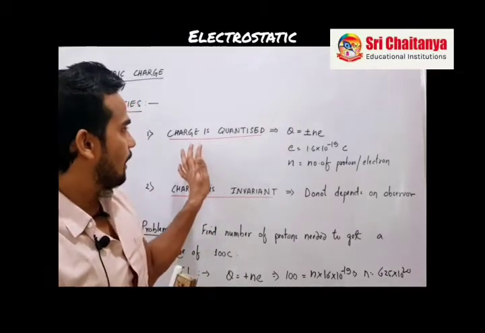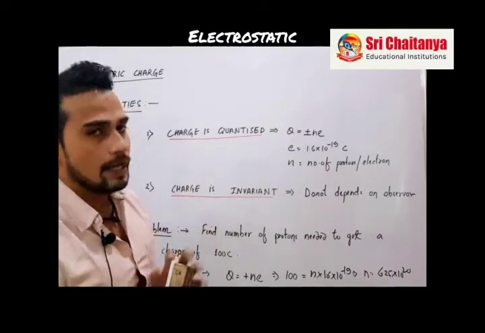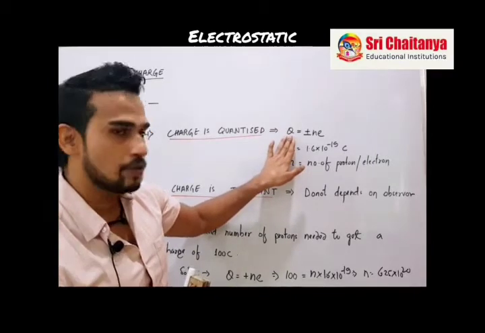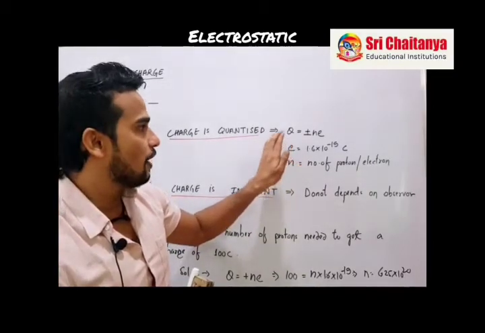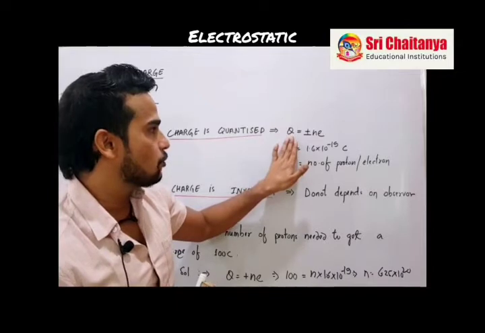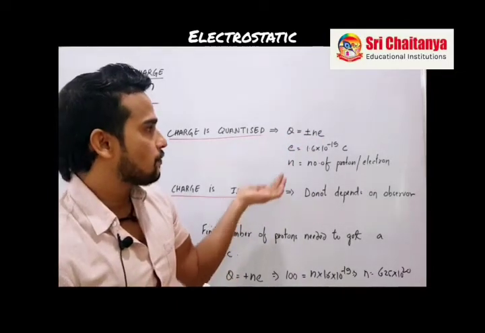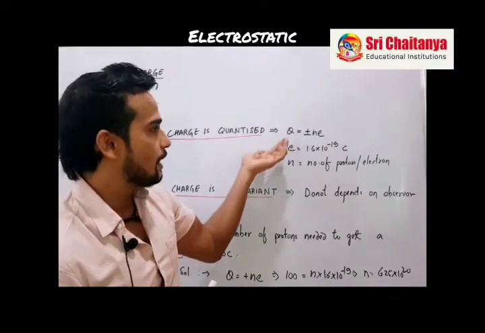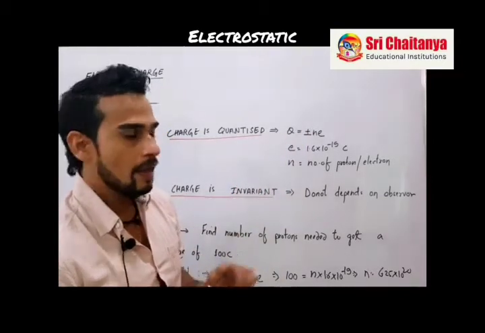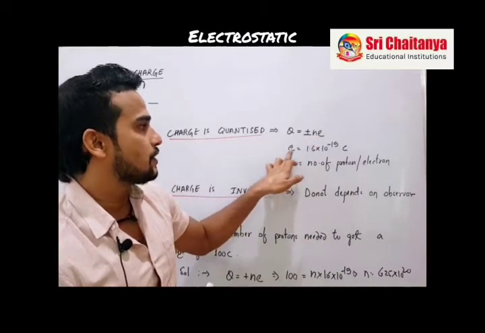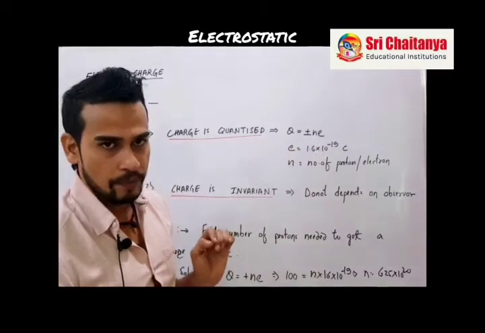So that's why we say charge is quantized, and from here we get a very important result, that the charge of every body can be written as Q equal to plus minus Ne. If it is positive charge you take plus, if it is negative charge you take minus. N represents the number of protons or electrons and e represents the charge of a proton or electron.